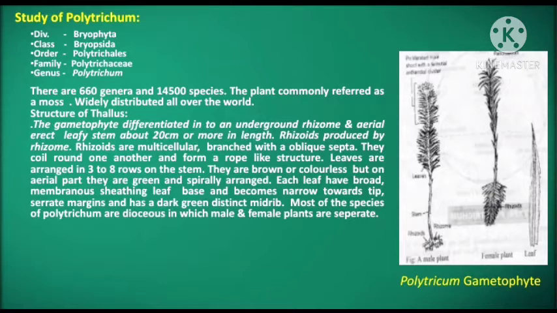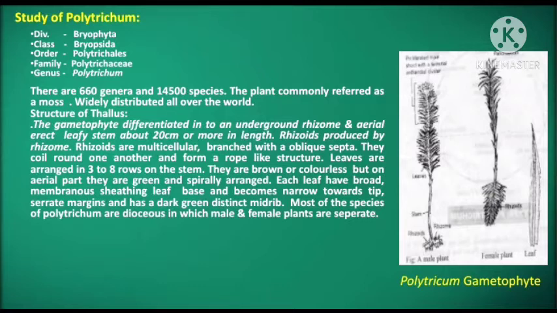The leaves on the central axis are arranged in rows of 3 to 8. They are brown or colorless on the underground part, but on the aerial part they are green and spirally arranged. Each leaf has a broad membranous sheathing leaf base and becomes narrow towards the tip.